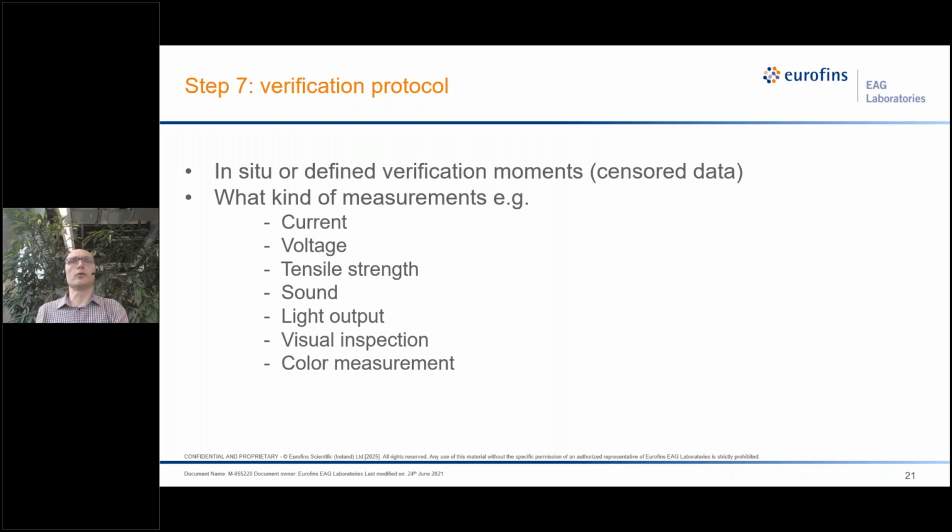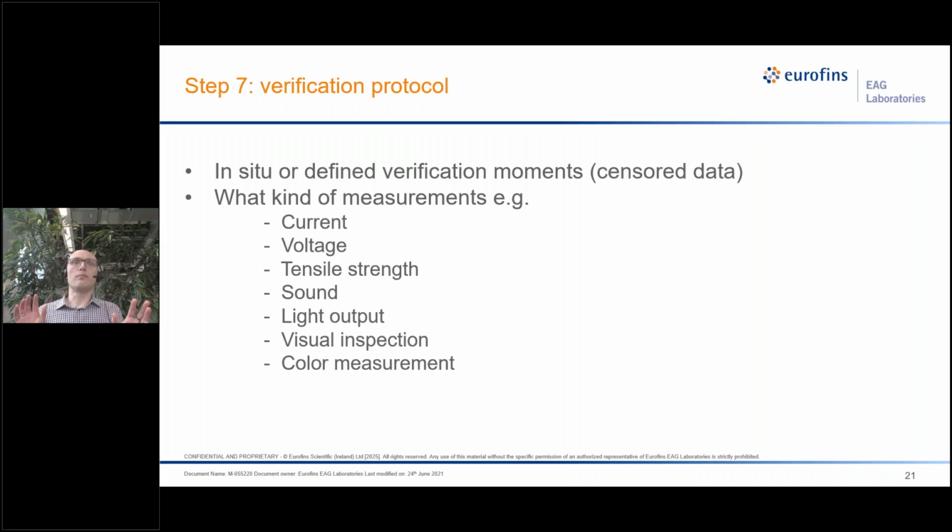If in situ measurements can be carried out, it can be determined exactly what the degradation of the product is over time. Often it's not possible to measure this continuously, and that will result in sensor data where we only know that a product has failed in a certain time interval.